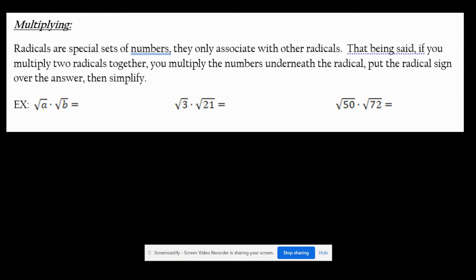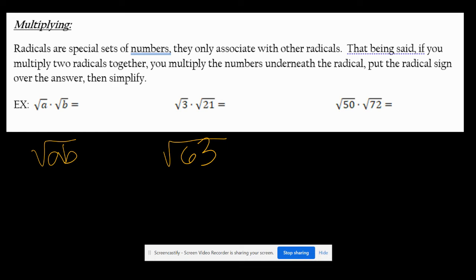So if I have the square root of a times the square root of b, they're both the square root. So I'm allowed to say, okay, square root a times b is ab. In the middle, we have the square root of 3 times the square root of 21. Since they are both square roots, I can say 3 times 21 is 63.